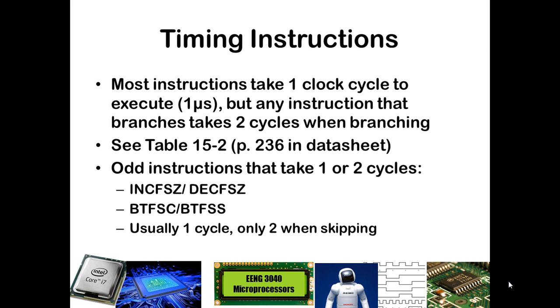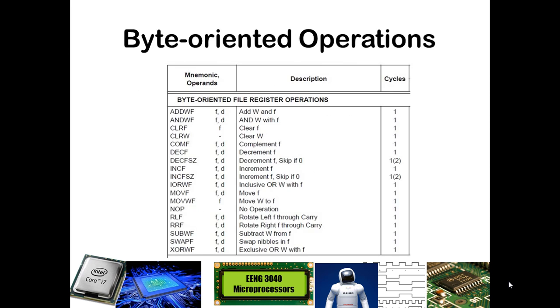But on the occasion when it does get to 0 and you have to have not only the increment but also the skip, that will take 2 clock cycles. Similarly, with bit test f skip if clear or bit test f skip if set, when you do the bit test, if you don't skip, then that's 1 clock cycle. But in the event that you do skip, then it uses 2 clock cycles.